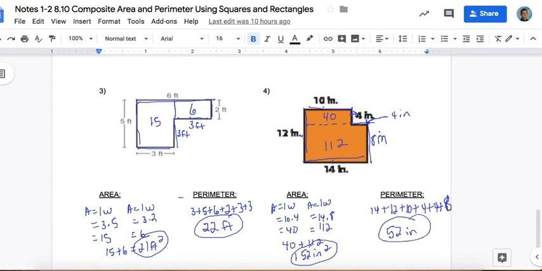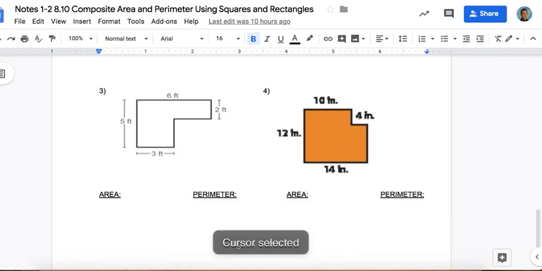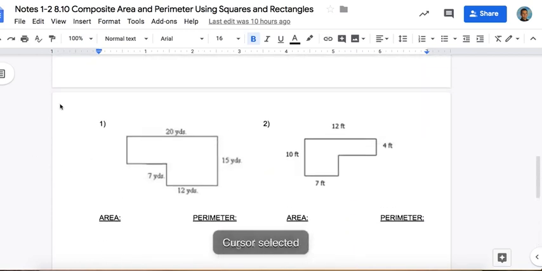Now let's go back and do 1 and 2 perimeter. So remember, we had already figured out the missing sides. So this was 8 yards, and this was, which one do we need here? Right here, this was 8 yards. Okay, so let's count them up and figure out how many sides we need. So I'm going to start here. We have 1, 2, 3, 4, 5, and 6.